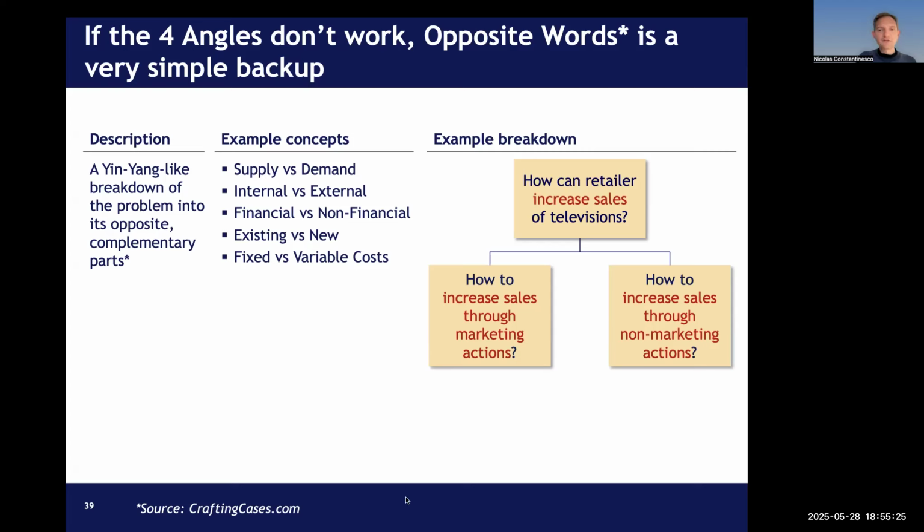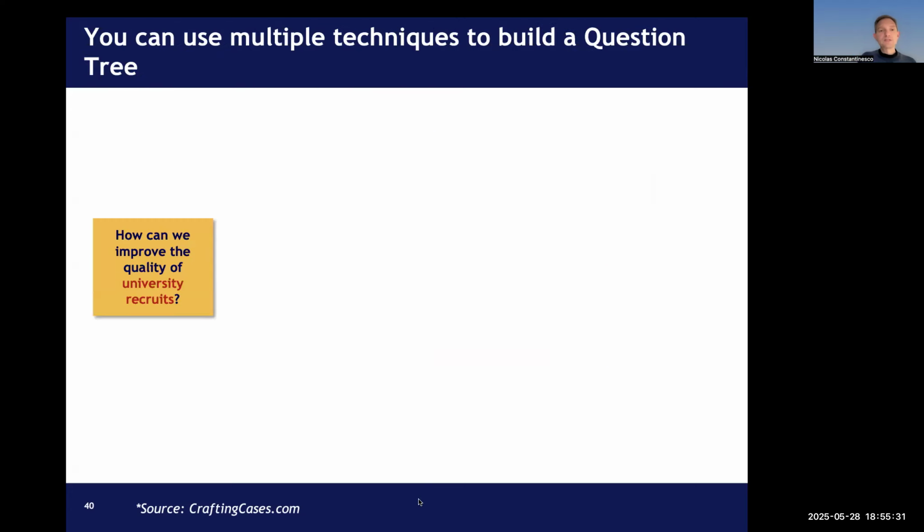Okay, so let me just wrap up this bit about how to with one last thing, which is that when you do a full breakdown, you actually break down more than one question. You break down the main question, but then you also break down all the questions that are on level one.